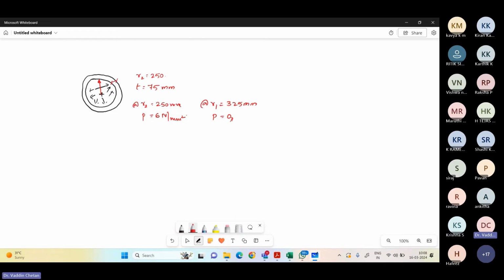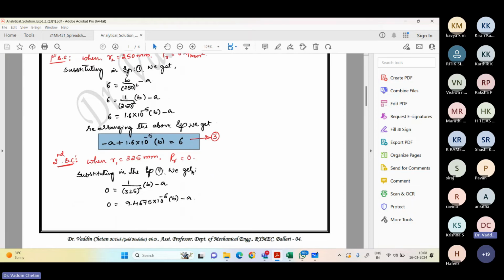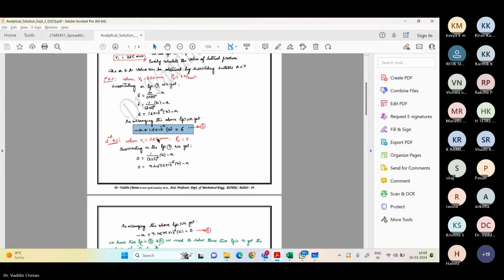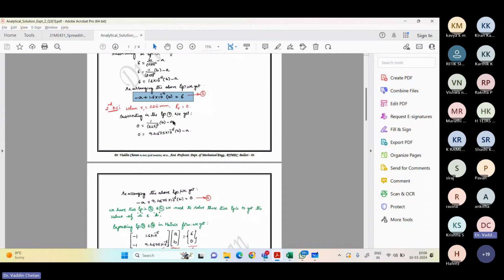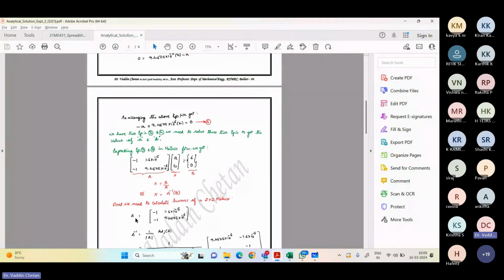These are the two boundary conditions. We need to apply them, and we will arrive at two linear equations, equation number 3 and equation number 4. If we solve these, we will get the arbitrary constants A and B.